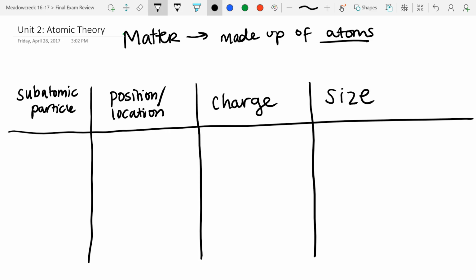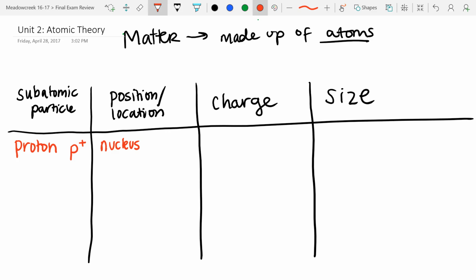So the first subatomic particle that we are going to talk about is the proton. The proton symbol is a lowercase p with a positive sign as an exponent. The proton is located inside the nucleus, and you say, wait a second, isn't that like in a cell? Isn't that a biology word?